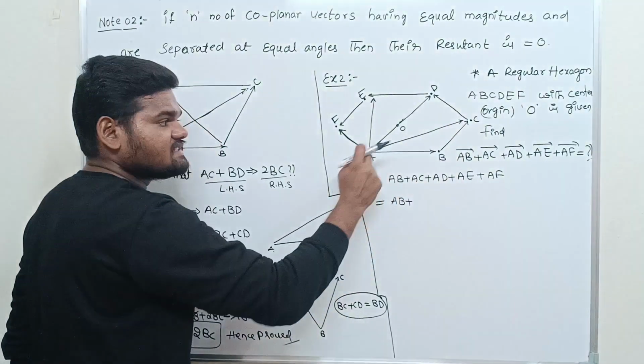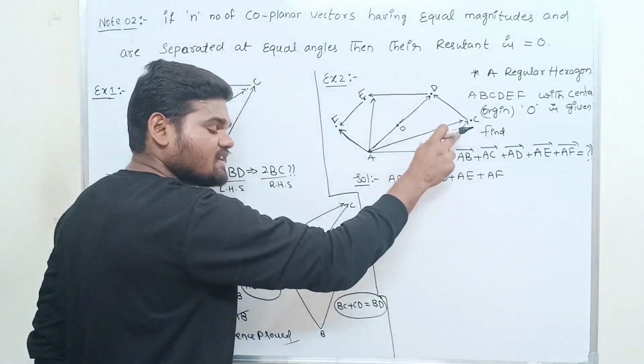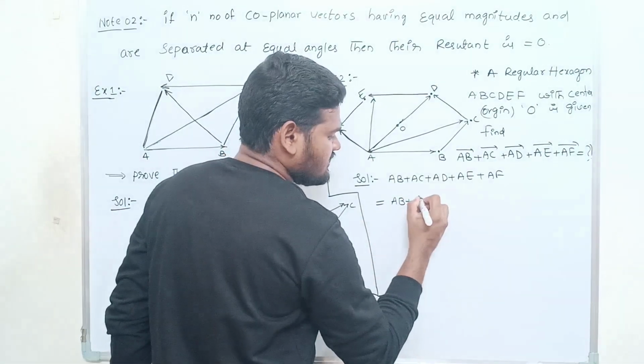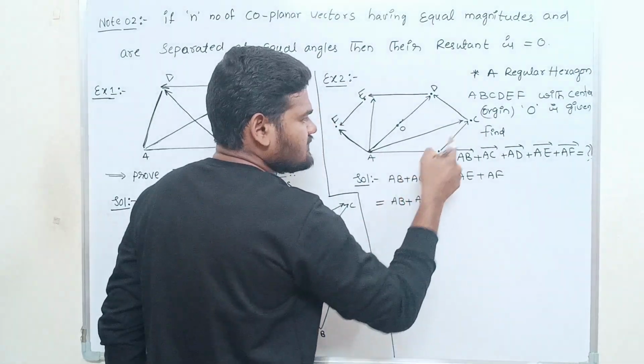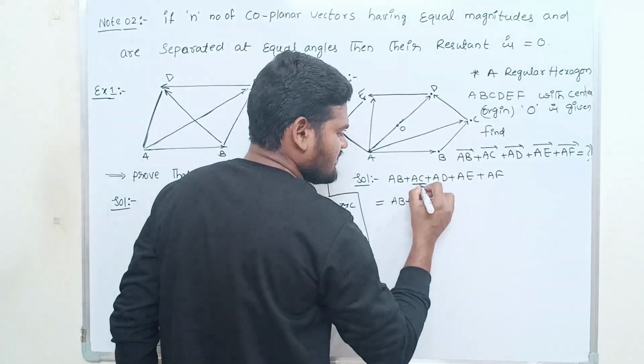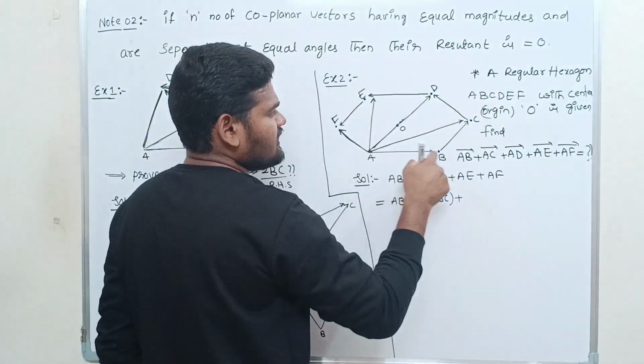These two are in order and AC is in reverse order. Then we can write AB plus BC is equal to AC. AC is nothing but AB plus BC. And AD is nothing but AD only.